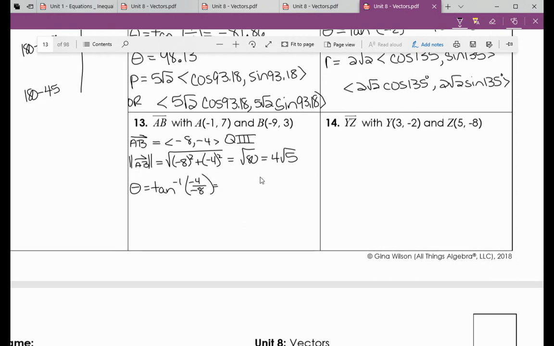When you get inverse tangent of 1/2, you get 26.57 degrees. Clearly not a first quadrant angle. I need a third quadrant angle. So this time I'm going to rotate into third quadrant. I will take 180 and add 26.57, and that will give me a third quadrant angle of 206.56, or 57, I should say.